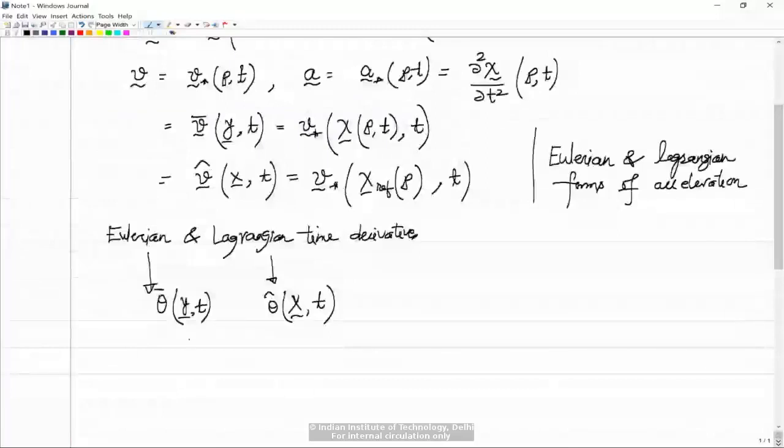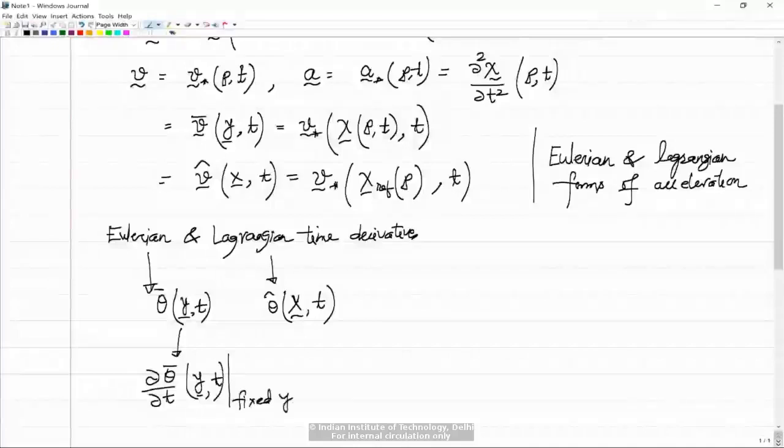So what do you mean by Eulerian time derivative? That actually means you have to take the time derivative of the Eulerian theta bar. Okay. So that's del theta bar by del t. So this is done keeping the spatial location y fixed. Okay. So this is at fixed y.